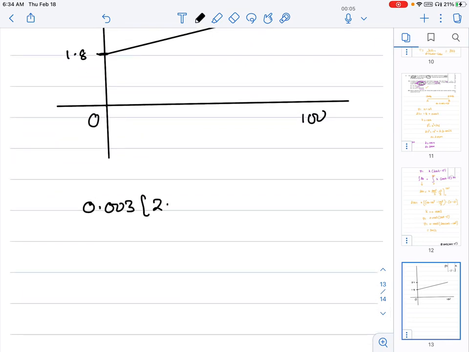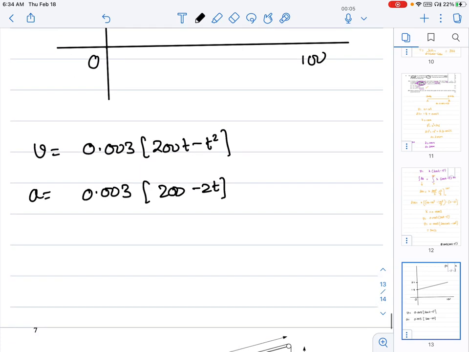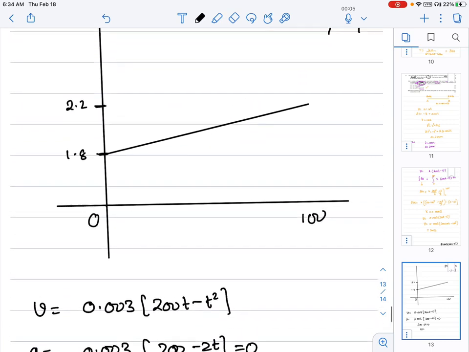First of all, I'll try to find the acceleration, which is 0.003 times 200 minus 2t. So when is the maximum point? Because it's a parabola, right? So the derivative should be equal to 0. 200 minus 2t is equal to 0. 2t is equal to 200. T is equal to 100. At 100, it's going to be the maximum speed.